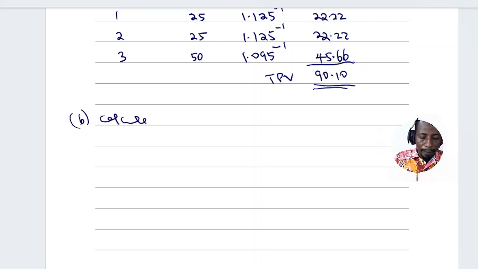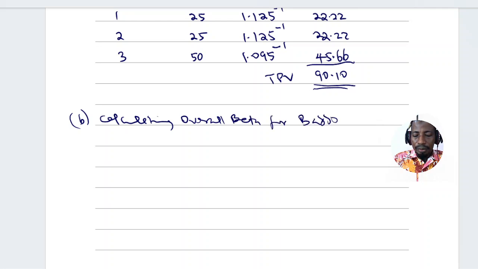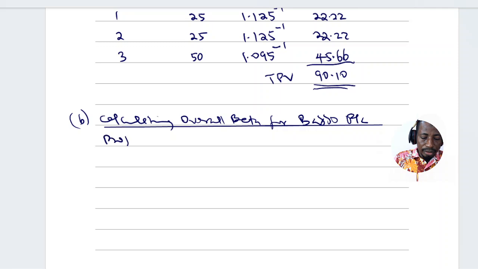So requirement B: calculating overall beta for Bado PLC. To do this, of course, I will create a column for the projects. We already have the total market value.